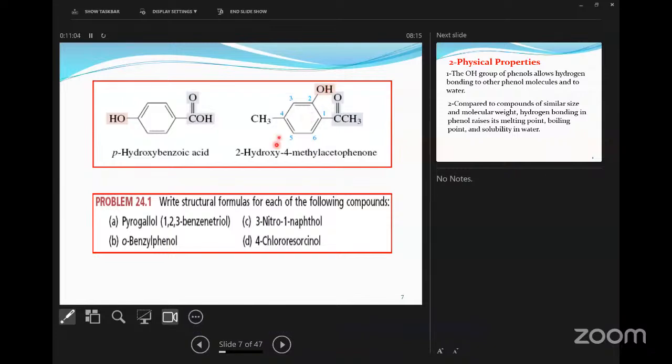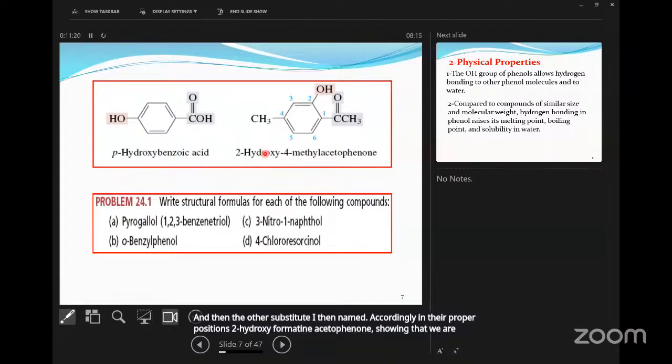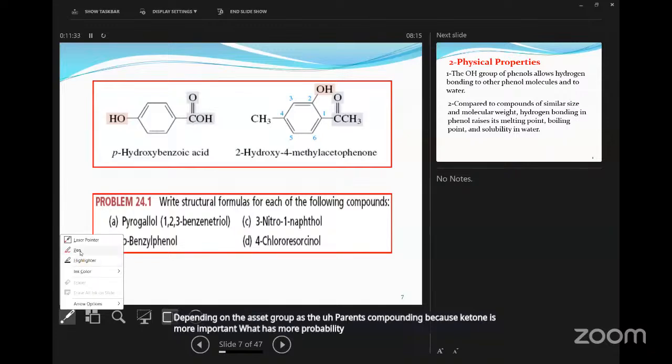And then the other substituents are named accordingly in their proper positions: 2-hydroxy, 4-methyl acetophenone, showing that we are using the benzene and the acetyl group as the parent compound, because ketone has more priority than that.